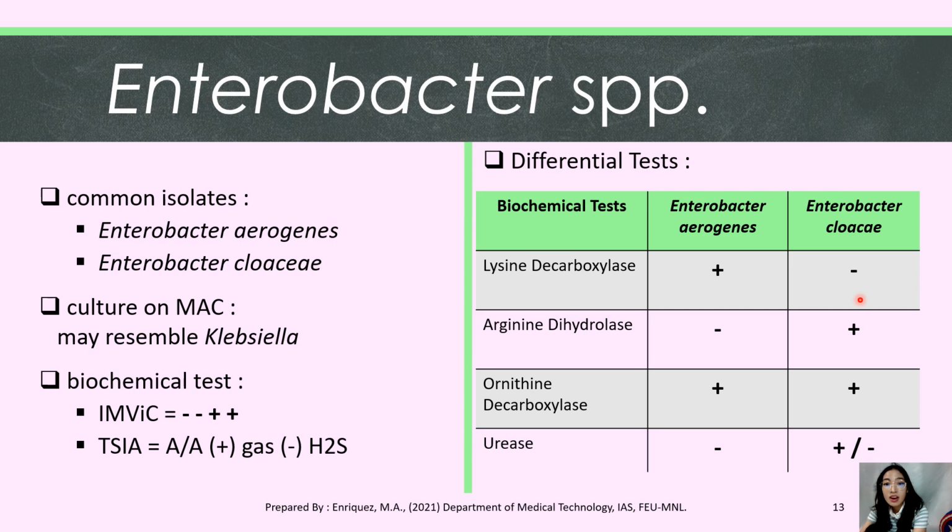On the flip side, arginine dihydrolase is positive naman po for cloacae but negative for aerogenes. Alright, and then for other tests that may be used to differentiate these two species, you may check out table 19.6 from our reference textbook. So may extended version po ito sa reference textbook natin.